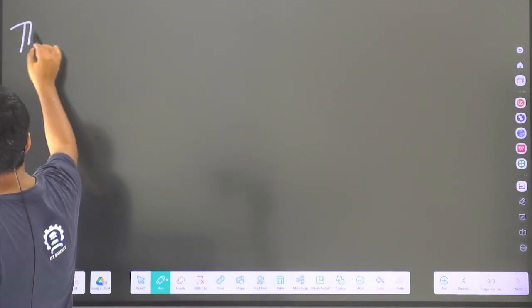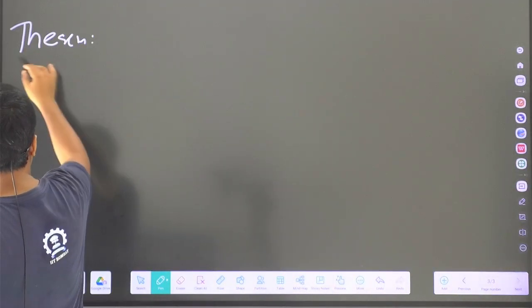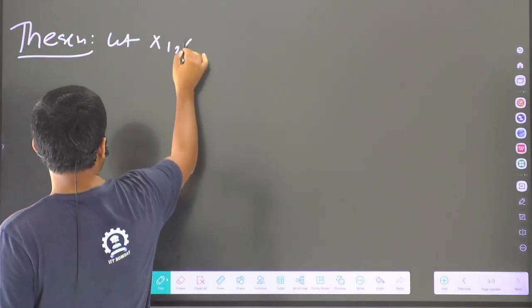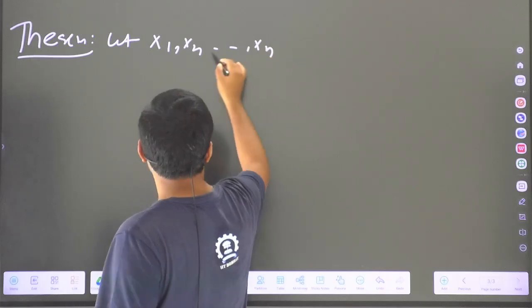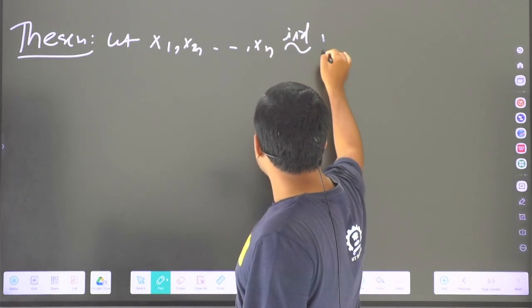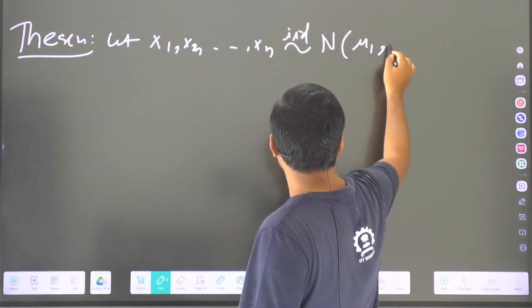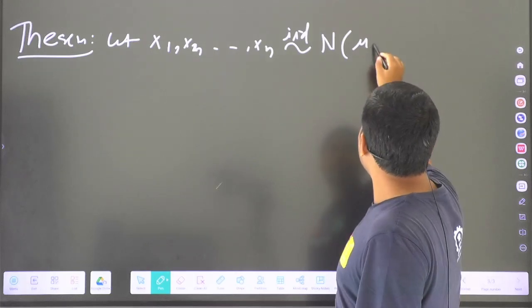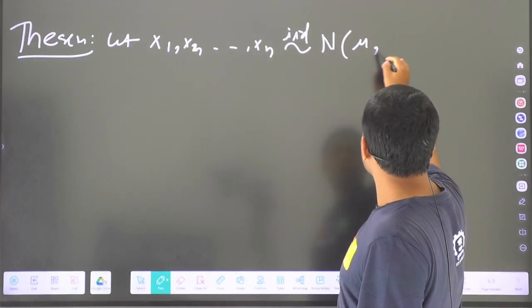Now for the normal case, let x1, x2, xn be a random sample from a normal distribution with mean mu and variance sigma square.